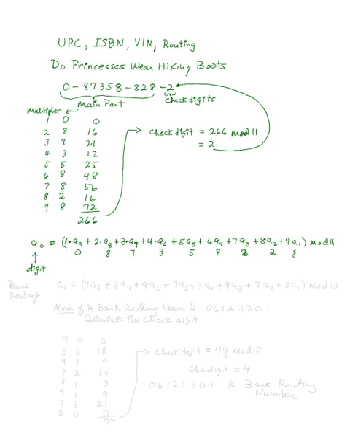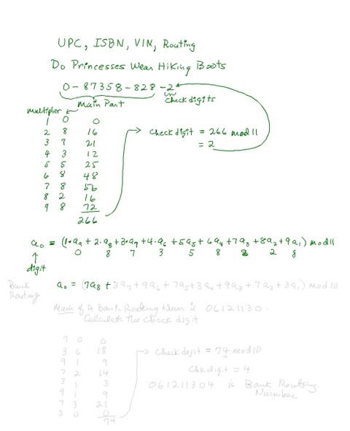Now, that's ISBN numbers. So now we'll move on and look at bank routing numbers. Now, just to practice with our formulas, the bank routing formula is this. The check digit is 7 times A8. And that's the first digit on the left, remember?